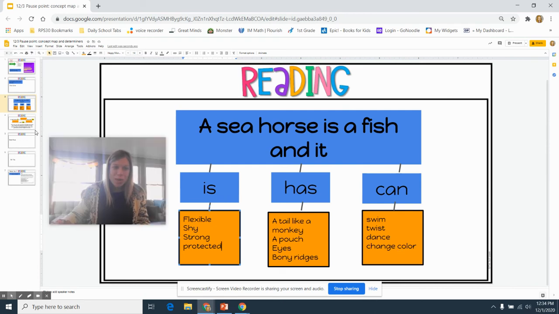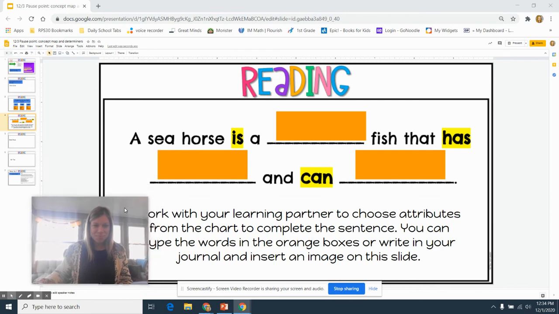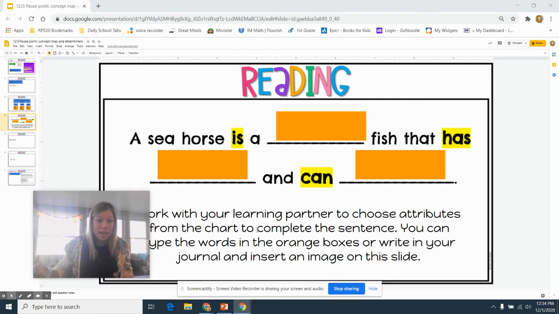So now you're going to use this concept map and you're going to write your own sentence. So you can either fill in the orange boxes here on the screen by clicking inside and typing, or you can choose to write your sentence in your journal and put a picture on the slide of your journal.